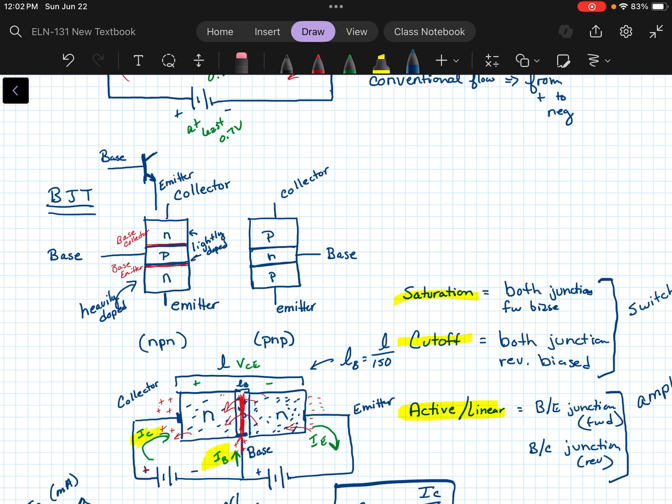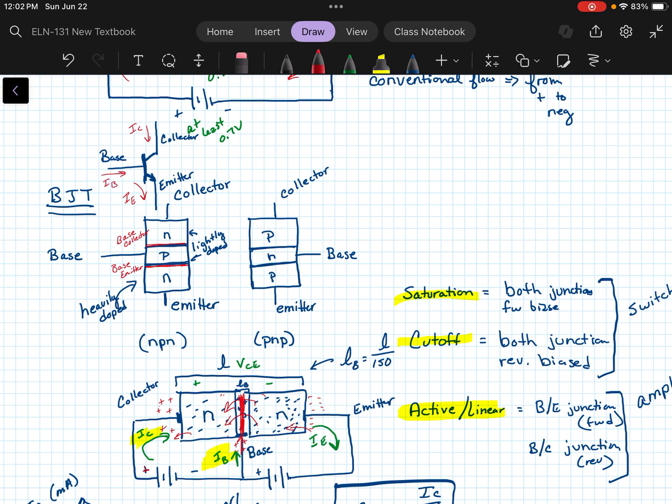The arrow indicates the direction of conventional current. So that tells us that IE would be flowing out of the emitter side, which again shows that our collector current IC, and IB would be coming in.